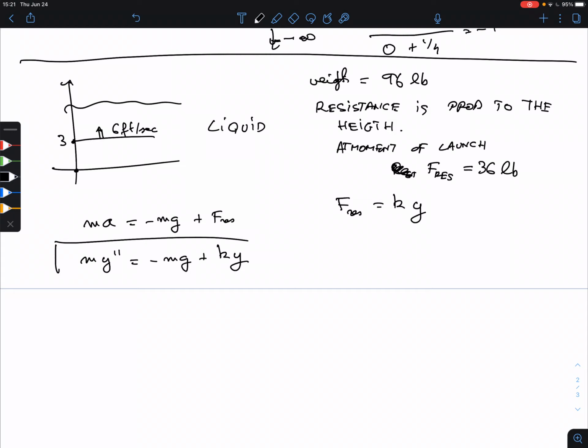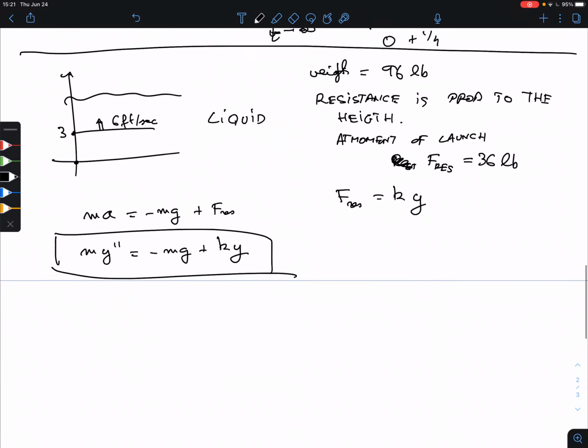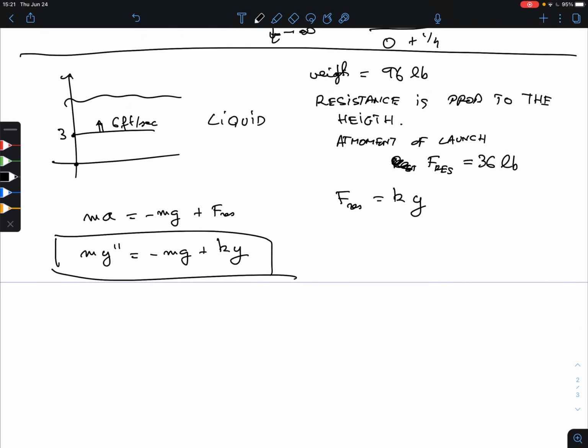So we have our equation of the motion of this object. A couple of things we have to find. What is m? We know that the weight 96 is mg, that is 32m. So m is 96 divided by 32, which is 3. Okay, so the mass is 3.